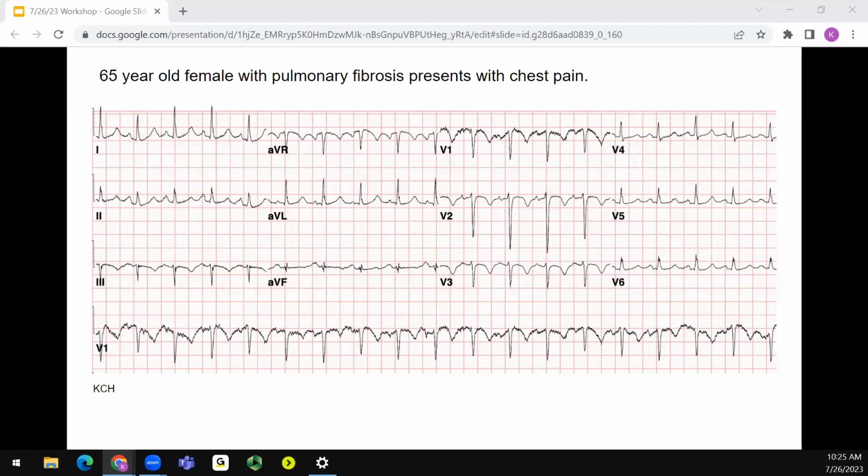Sinus tach. What are some abnormal features? Someone says Wellens. What makes you say that? V2, V3 inverted T waves. Do you typically see Wellens in someone with active chest pain? No. So it's lower on the differential.